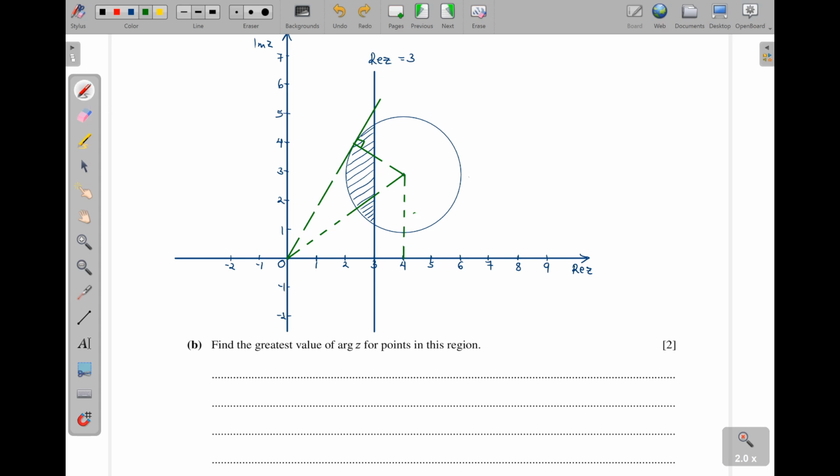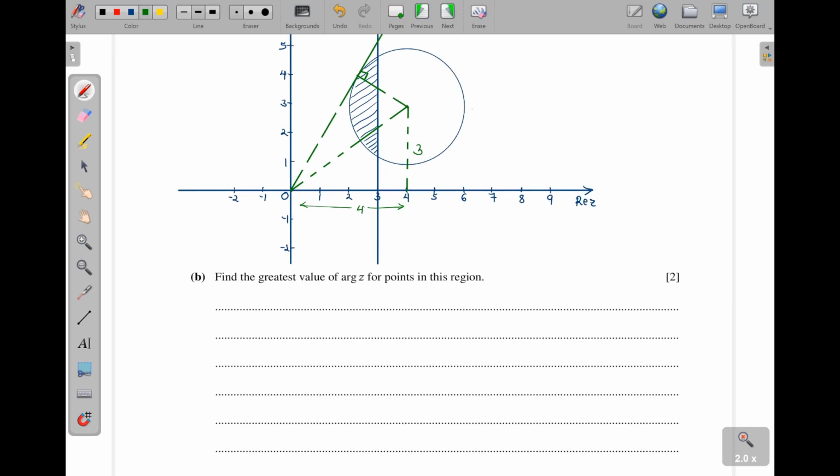So this is 3 units from here to here, and then this is 4 units from here to there. Then I can have this angle here, maybe it is beta. Then this one, I can let it be alpha.